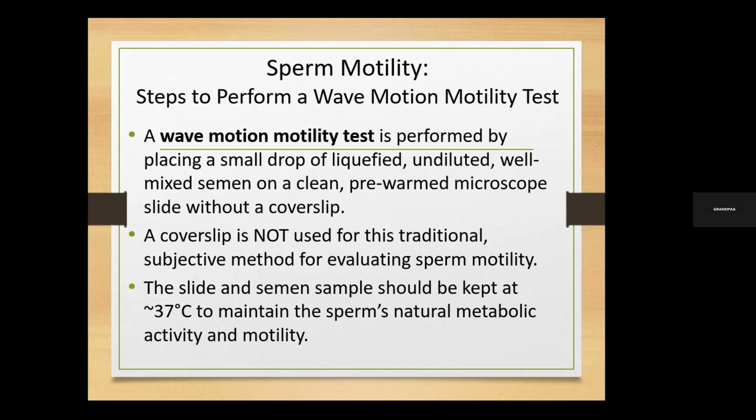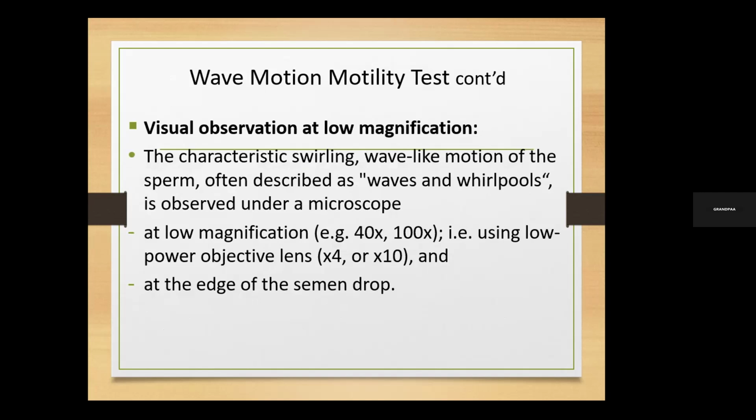Okay. Now, visual observation. So you have done that. What do you do? What you do is use the low magnification. And for low magnification, we know that you can use the times 10, and you can also use the times 4. People don't usually use the times 4 in the lab, but it is also useful in some of these things. But if you have a microscope that doesn't have times 4, don't worry.